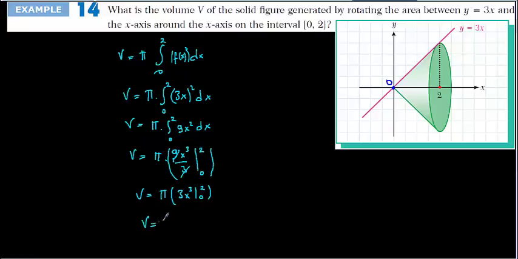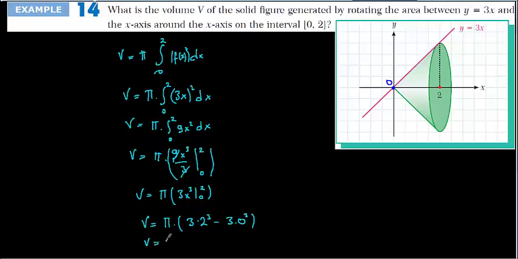Then the volume is going to be equal to pi times 3x cubed, using the definite integral: firstly 3 times 2 cubed, minus 3 times 0 cubed.